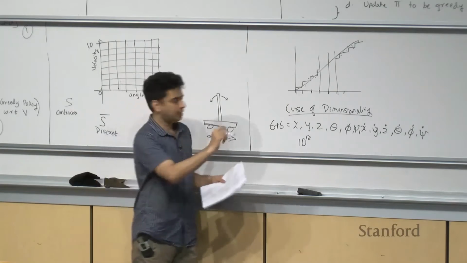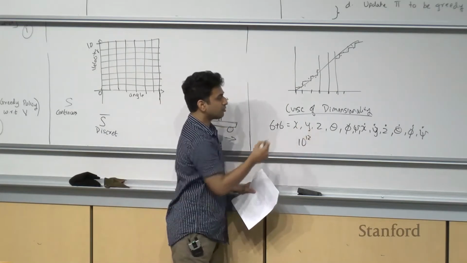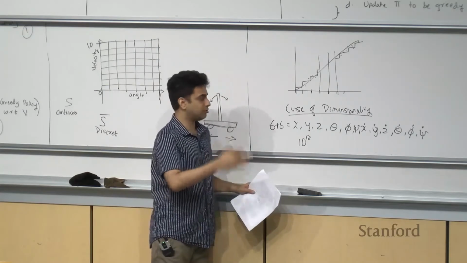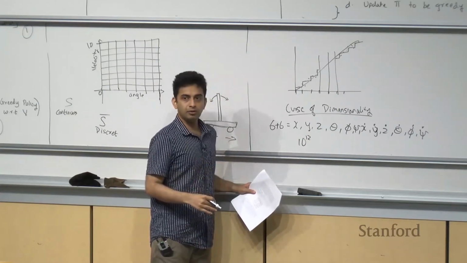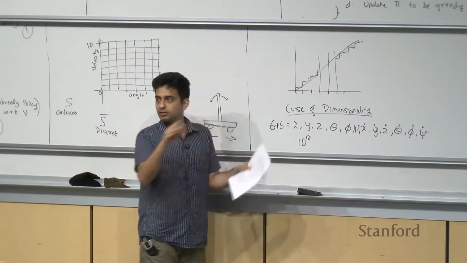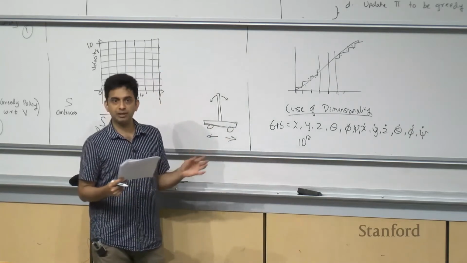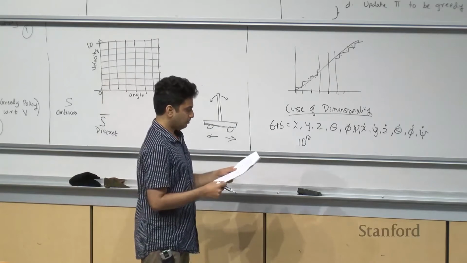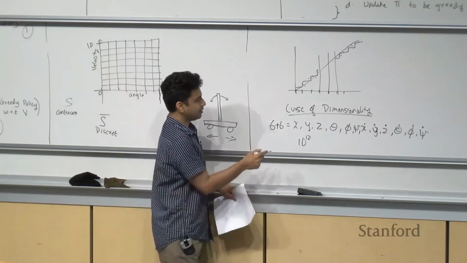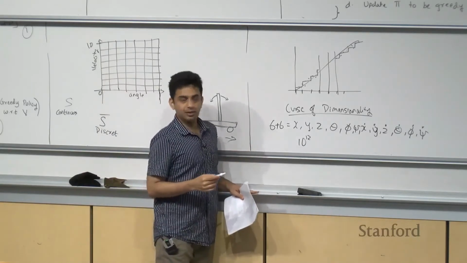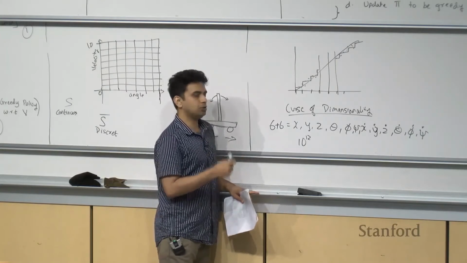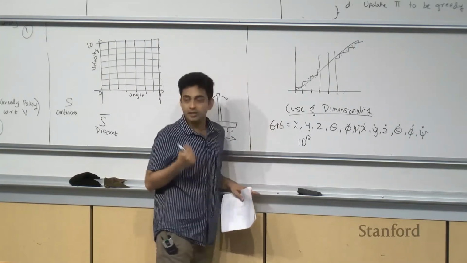So each coordinate of your state space is continuous, and let's say you discretize them into 10 bins, then the total size of your state space is essentially 10 to the 12. And that's pretty massive, and it is exactly this kind of explosion in states that you get due to discretization that is called the curse of dimensionality.